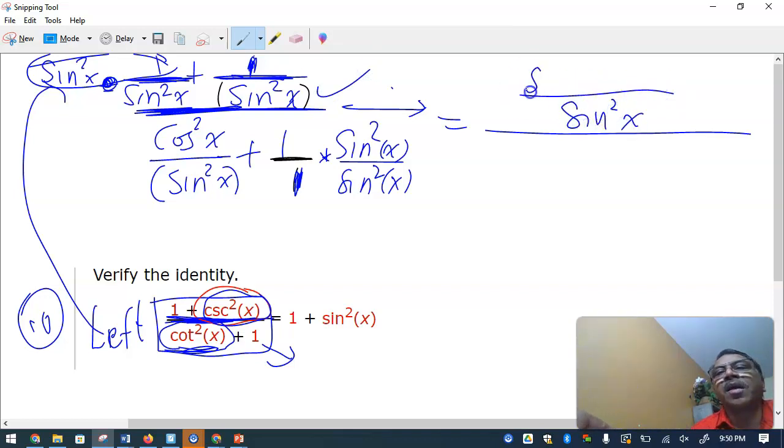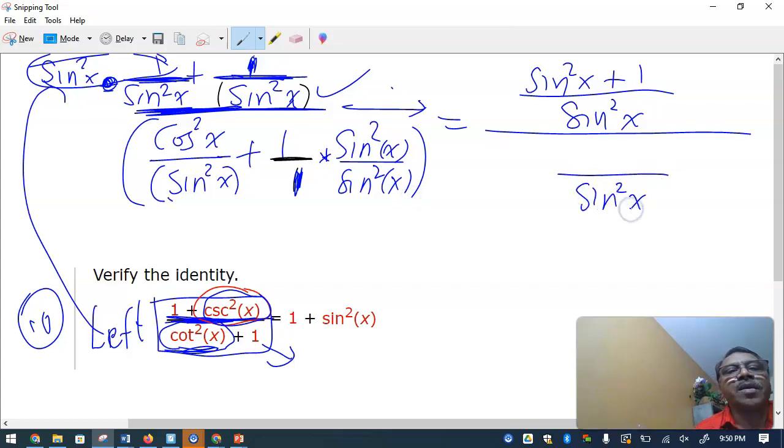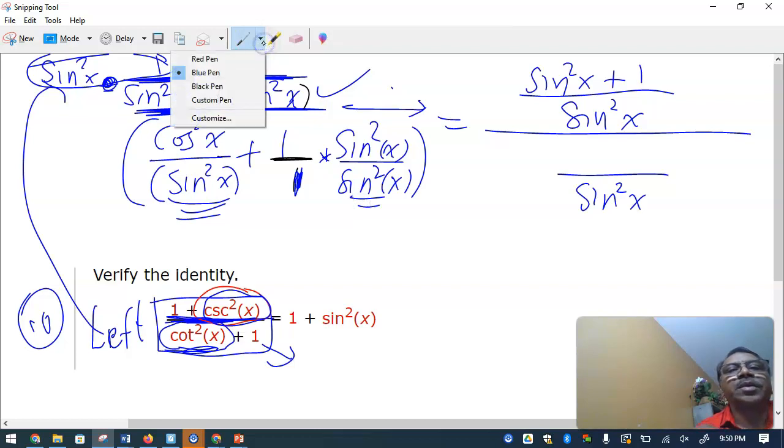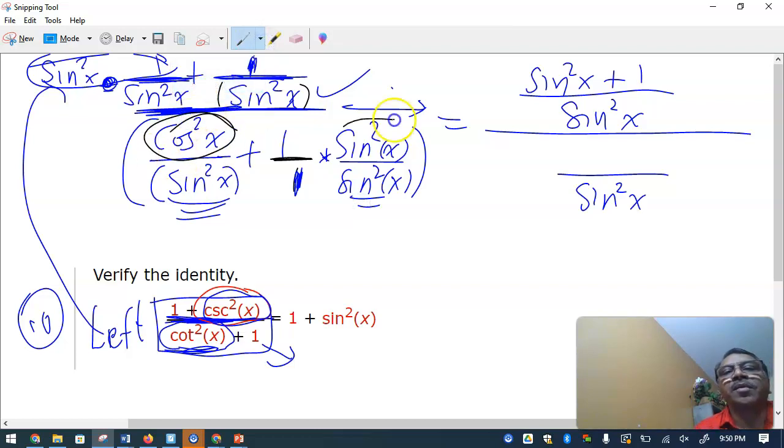The top one is sine square of x plus 1, and the down has the same denominator, sine square of x. And the top will be this cosine square and this sine square, so it becomes cosine square of x plus sine square of x.